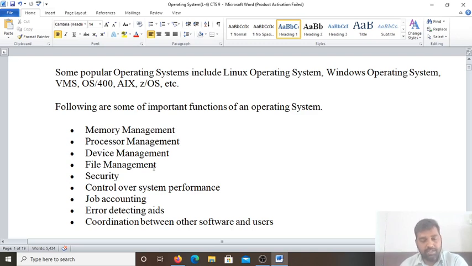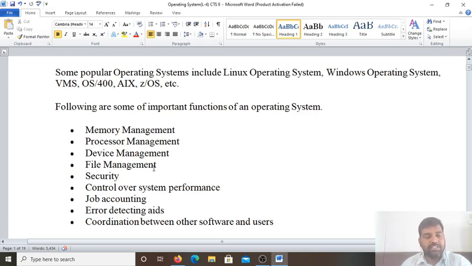The second is the kernel. The kernel interacts with the hardware. The kernel is the core component of the operating system which acts as the interface between the applications and the data processing at the hardware level.